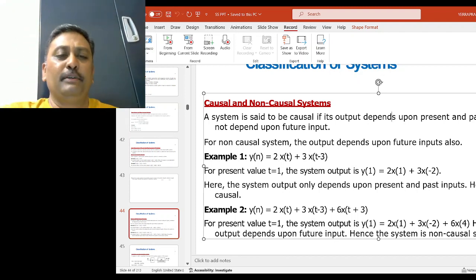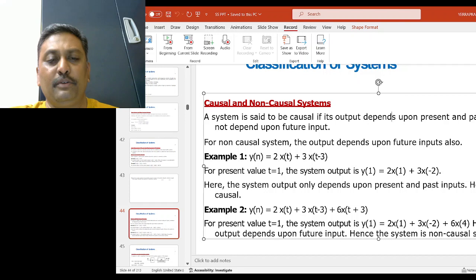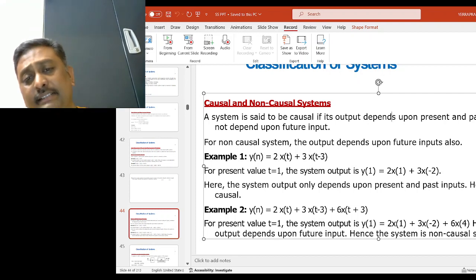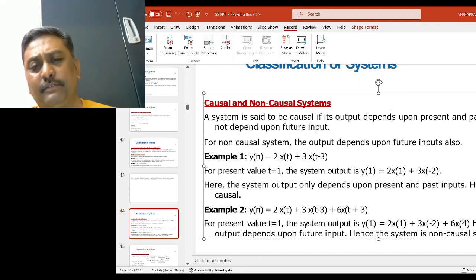Suppose in example 2, y of t is equal to 2 into x of t plus 3 into x of t minus 3 plus 6x into t plus 3. Take the value of t as 1. So 2x of 1 plus 3x of 1 minus 3 plus 6x of 1 plus 3. 2x of 1 is 2x, and 3x of t minus 3 is 3x into minus 2, which is minus 6x, and 6x of t plus 3 is 1 plus 3, which is 4, so 6x into 4 is 24x.